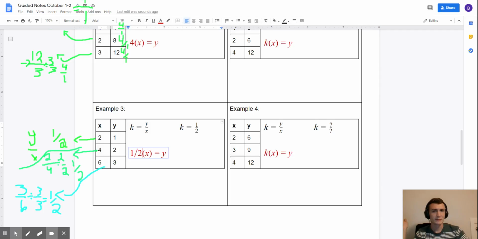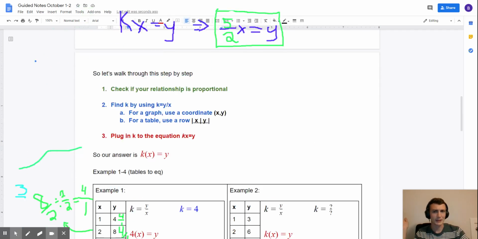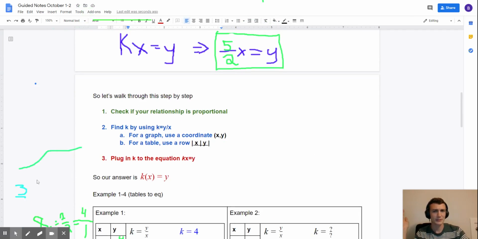That's it. Let's check our steps again real quick. Our first step is check if your relationship is proportional, and our second step is find k by using k equals y over x. Now, I need to remind you that we have been checking for proportionality with tables by calculating k equals y over x.